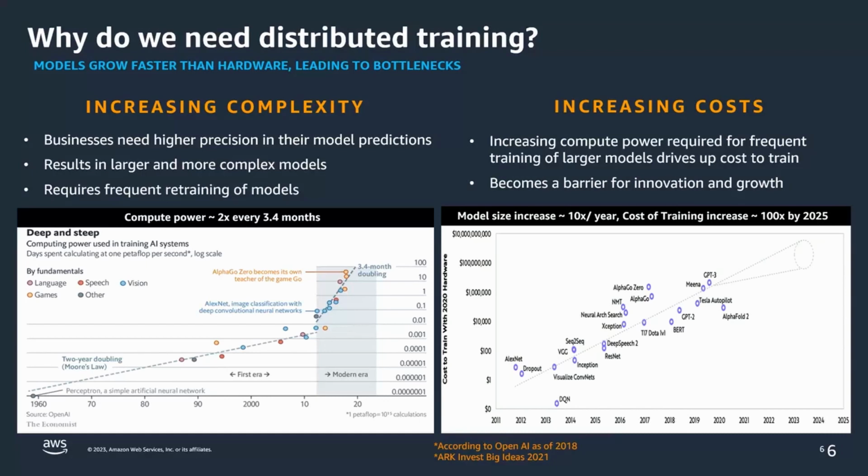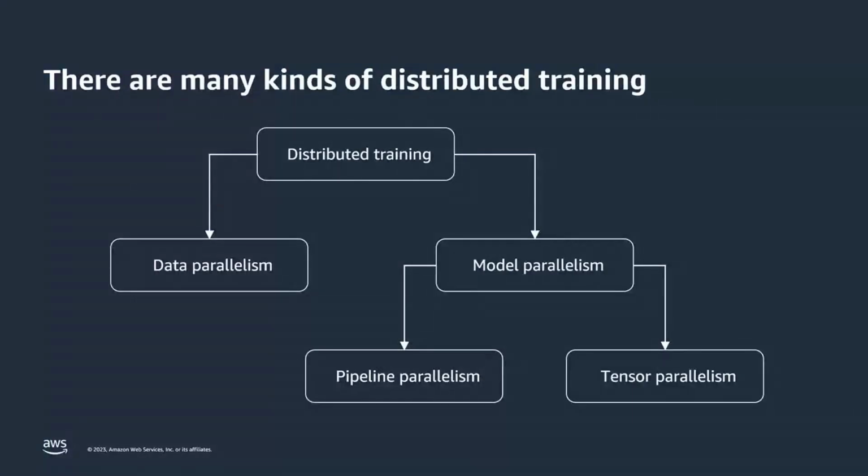Basically, instead of training your model on just a single node, we can train a model on different devices, from a small scale of just a handful of GPU nodes, all the way to 100, even 1,000 GPUs, within just a single SageMaker training job. So let's talk about that in detail.